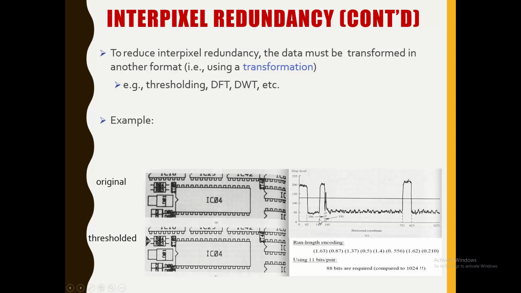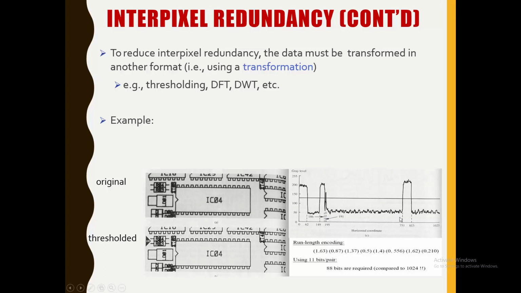Now from 149 up to 195, that is 37 pixels, the intensity value is again 1. Now from here we find that for 5 pixels the intensity value is 0. For 4 pixels the intensity value rises again and becomes 1. This is the threshold value, nearly 130, and after that the intensity value is 0. For the next 556 pixels the intensity value is 0.